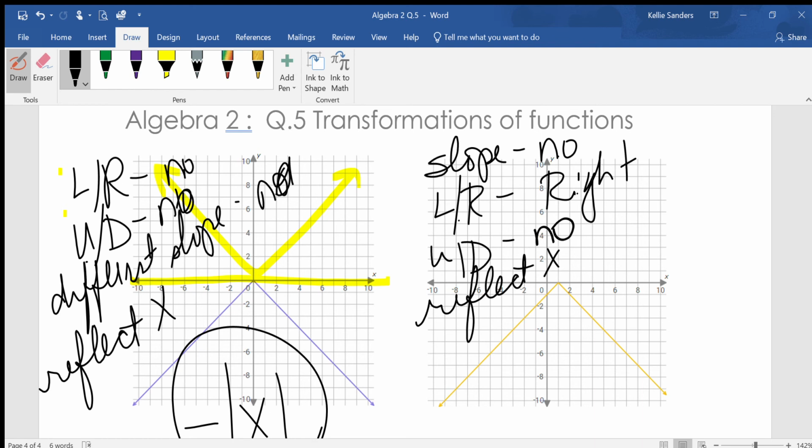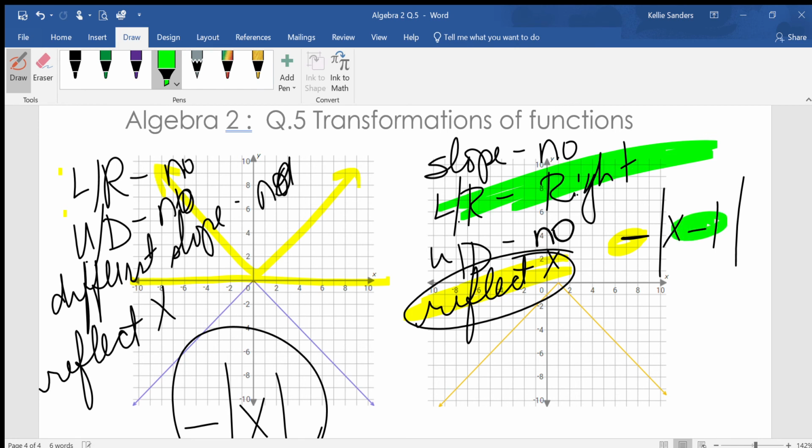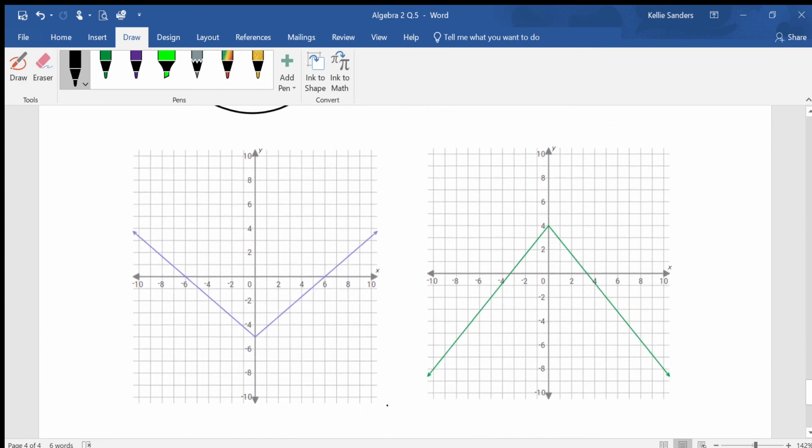So what happens is the negative on the outside is the x-axis, and the x minus 1, right 1, right 1. There's that.